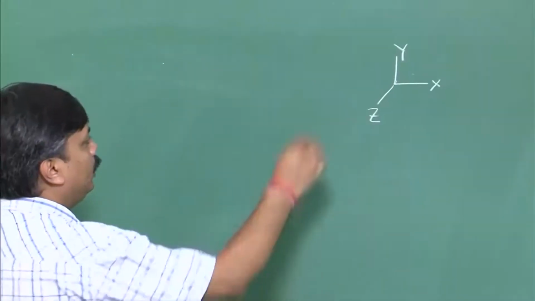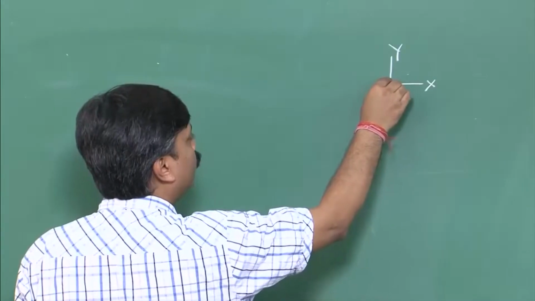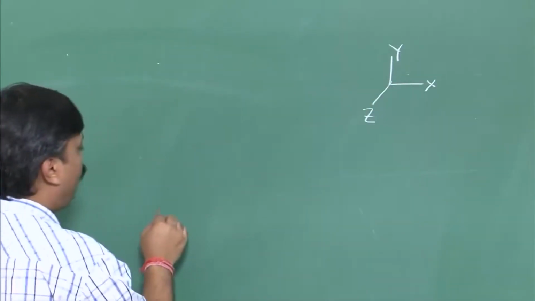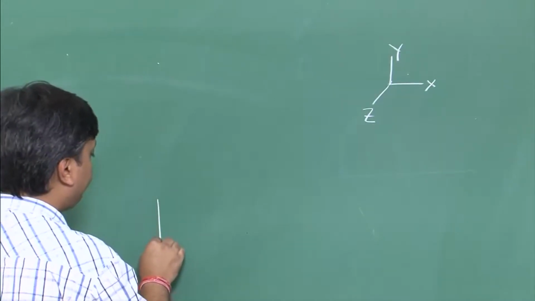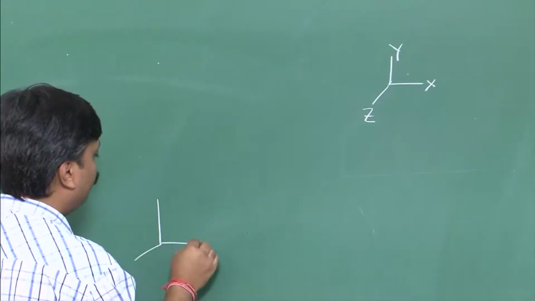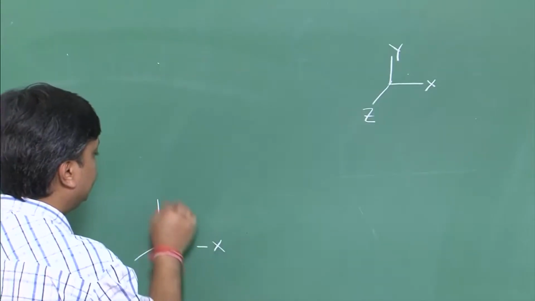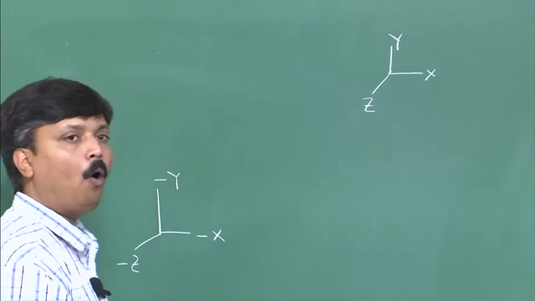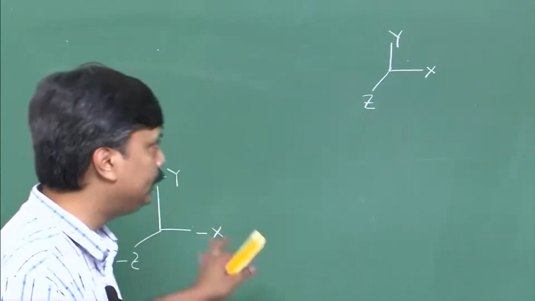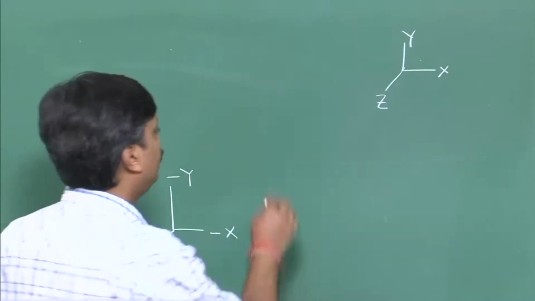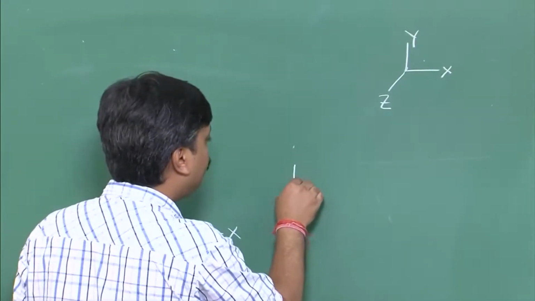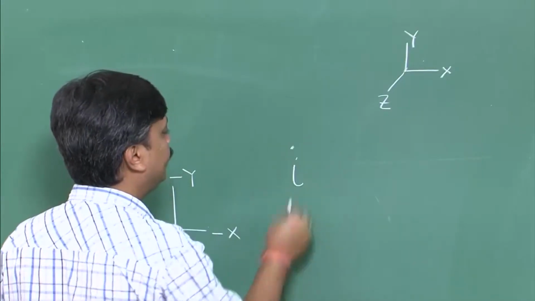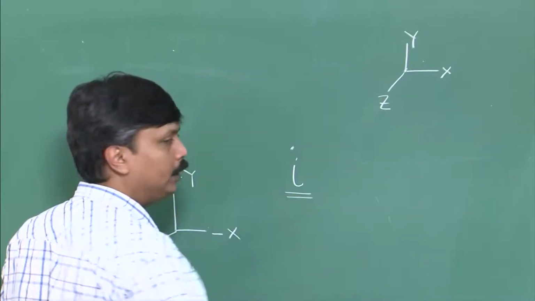If I can find an equivalent point here whose coordinates will be minus x, minus y, and minus z, then the origin of this system will be the point of inversion or center of inversion. So this particular point here will be the center of inversion, I.